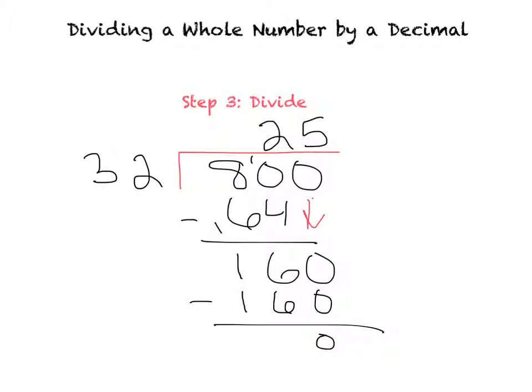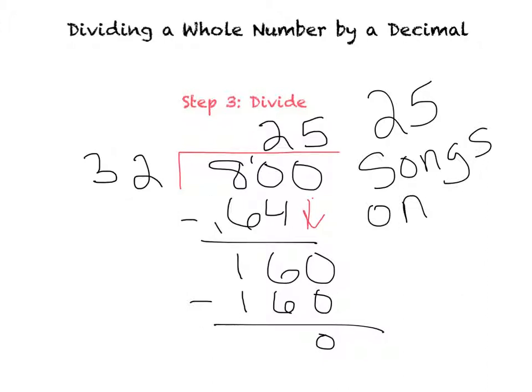So my final answer is 25. So at the end, this band or this musician can fit 25 songs on each CD. And that's how easy it is.